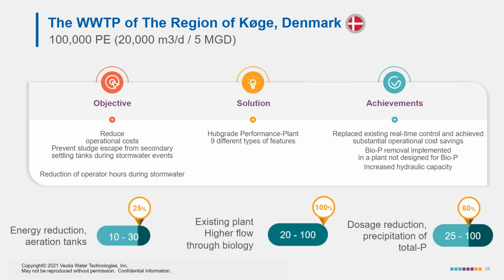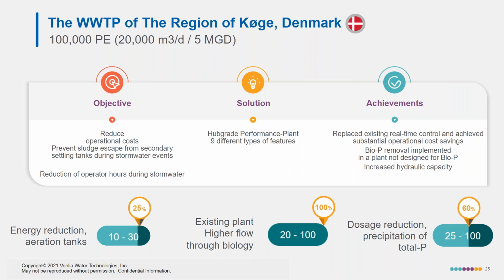By implementing a set of 9 different features or algorithms from a cloud digital platform and benefiting from real-time control, they actually achieved some quite amazing results. And just to say that this plant was actually quite well automated already. They had already a kind of real-time control to help them optimize aeration that had given them substantial operational cost savings.